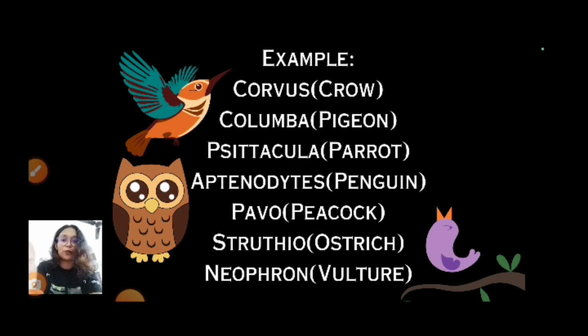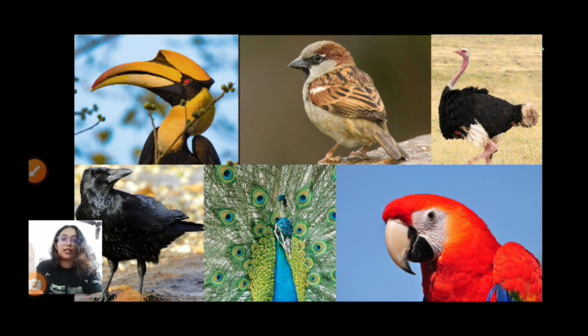Okay, owls and all also you can give. So these are the pictures showing a few. This ostrich is a flightless bird. Okay, hornbills, sparrows, parakeets, crows. So you can give your own examples. This will be easy for you.